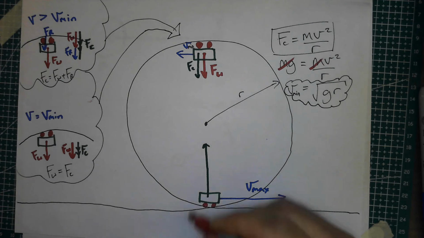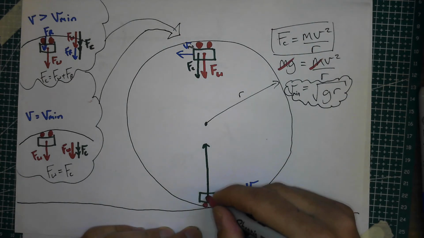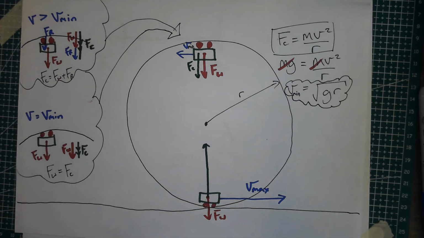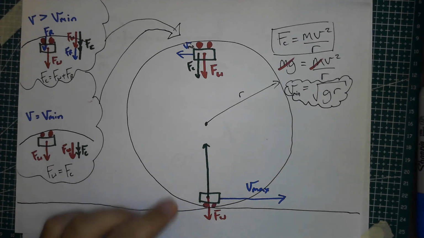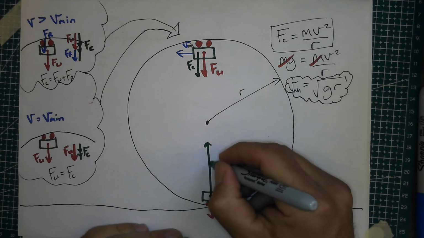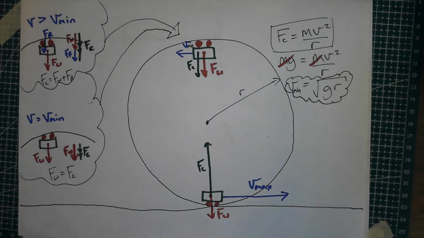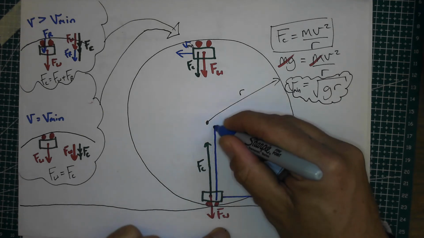The weight force is still acting vertically downwards, and it will still be the same size because the mass of the cart hasn't changed. Which means the reaction force must be very big in this scenario. So remember, the weight force and the reaction force must add to give us the centripetal force, that is the total or the net force, the resultant force. So the reaction force must be very big.